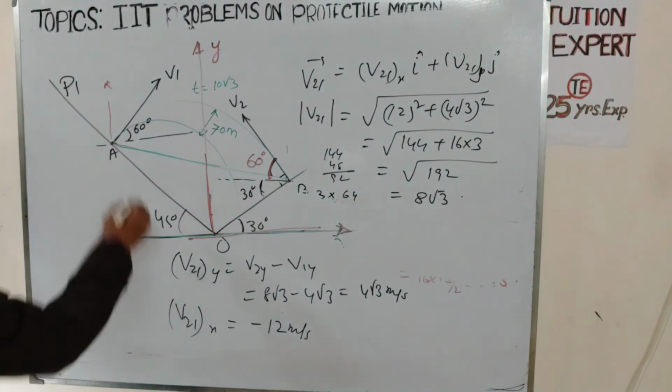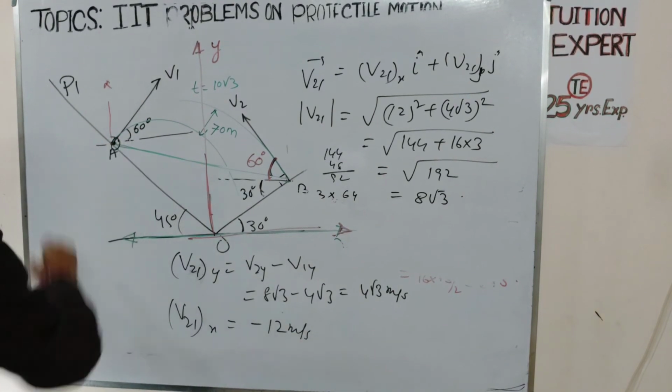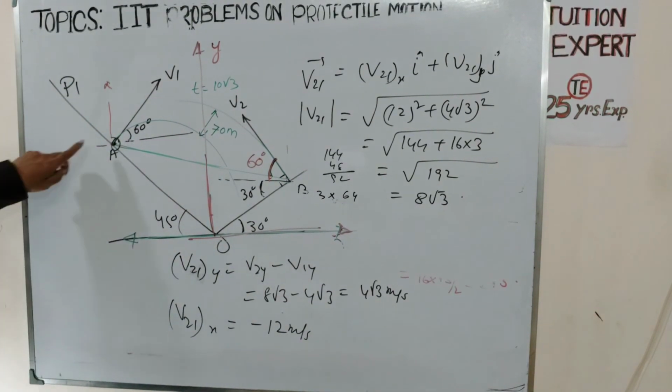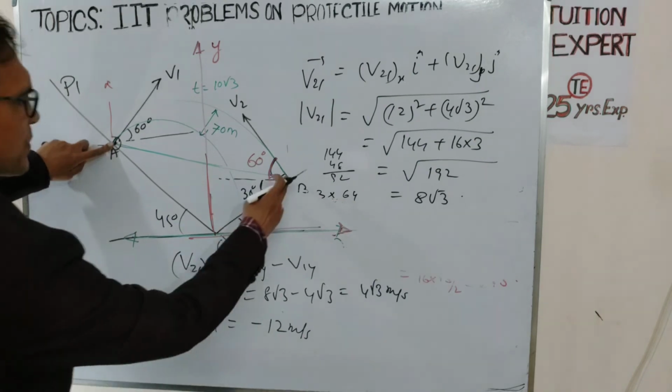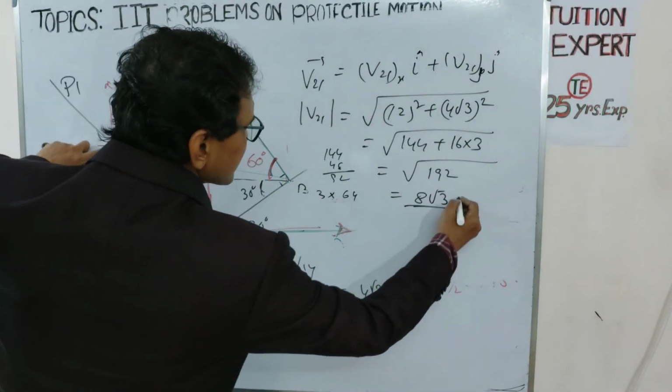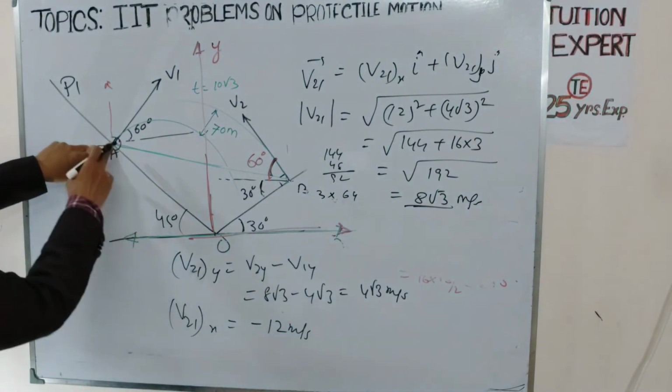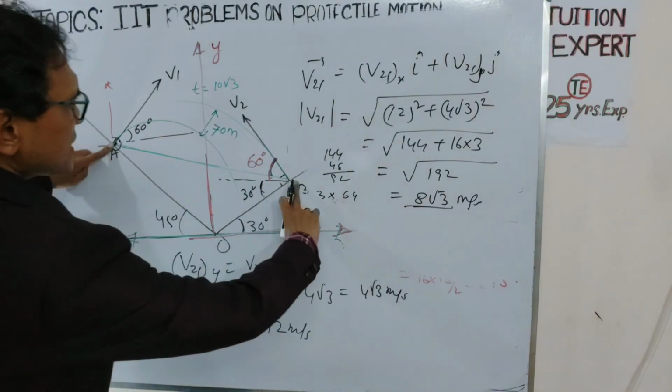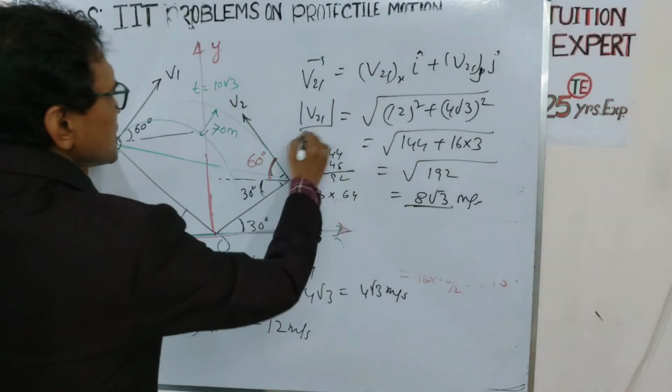Now if we take the particle 1 to be at rest, then particle 2 moves with velocity V21.